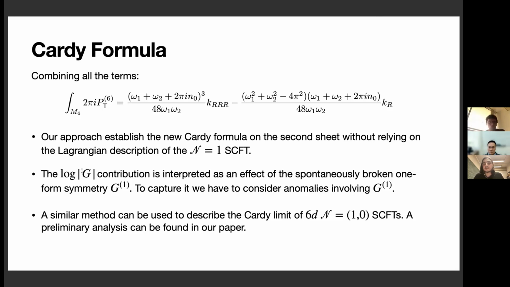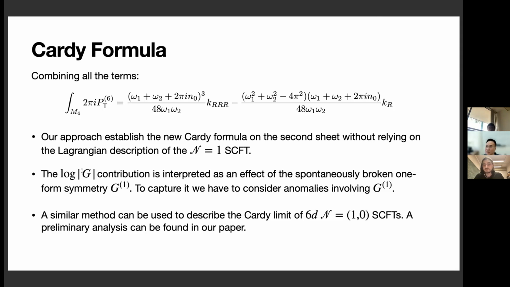But the theory clearly does not preserve the one-form symmetry, because preserving the one-form symmetry means that the theory confines. But N equal 4 doesn't confine. So the symmetry is always spontaneously broken. And at high temperature, it was proven by Witten a long time ago that that symmetry, in fact, is also spontaneously broken.